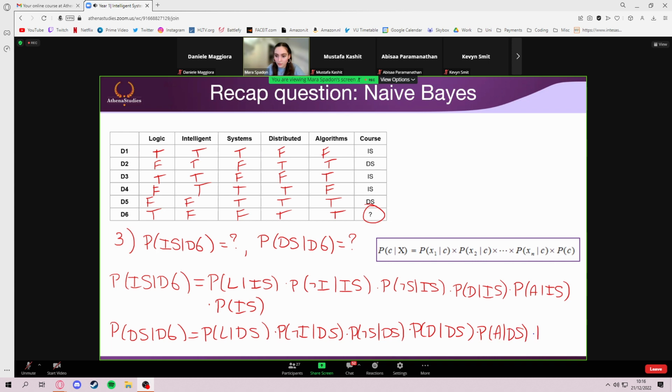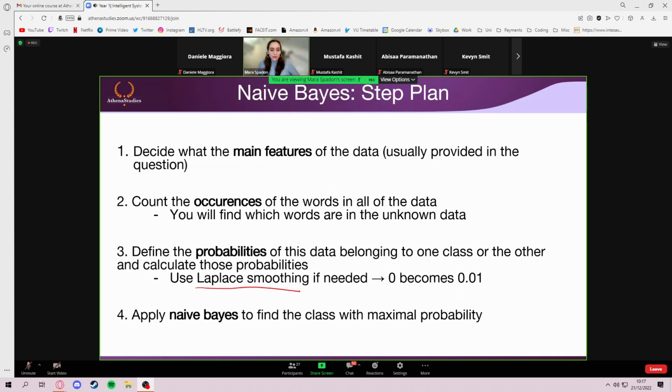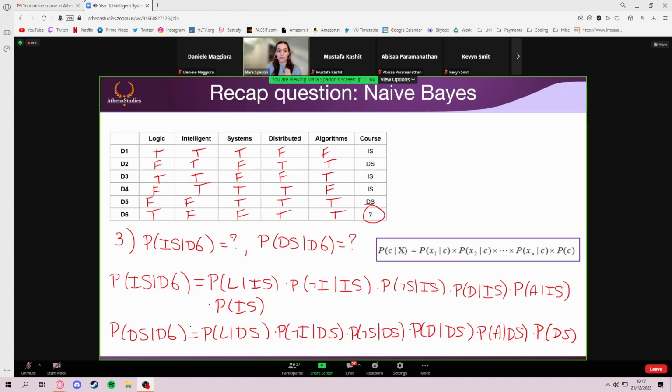And then, of course, we also have to multiply it by the probability that it is a DS course. So that is very important. Okay, so that was our step 3, kind of halfway done. We want to define the probabilities of this data belonging to one class or the other. So that's what we did here.